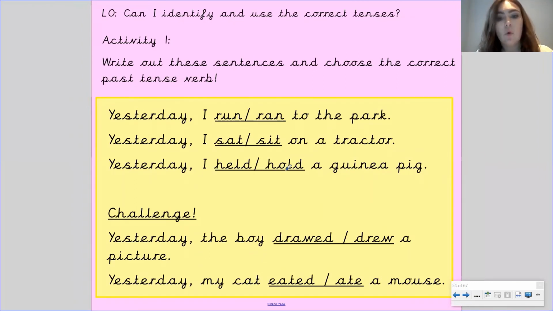Yesterday I held or hold a guinea pig. And then you've got a challenge. Yesterday the boy drawed or drew a picture. And yesterday my cat eated or ate a mouse. So you need to rewrite the sentences using the correct past tense verb. So you just pick one of the underlined. Pause the video here to do this activity.